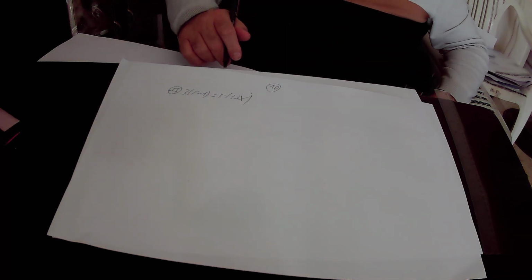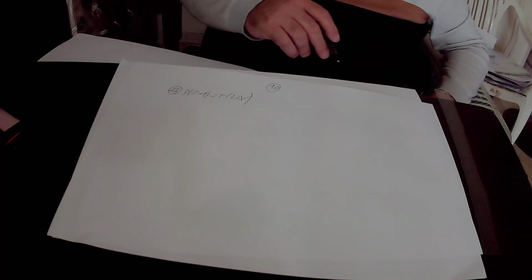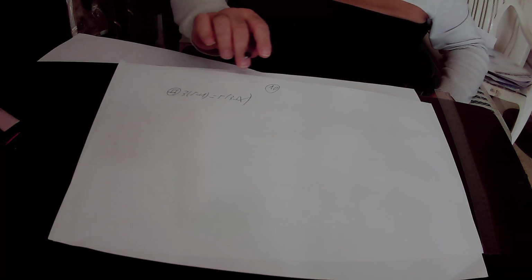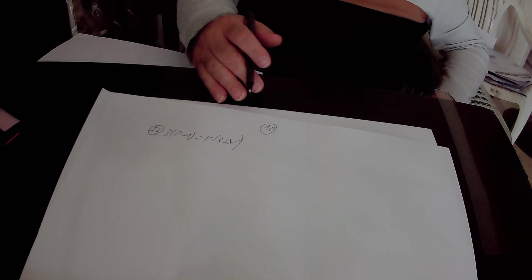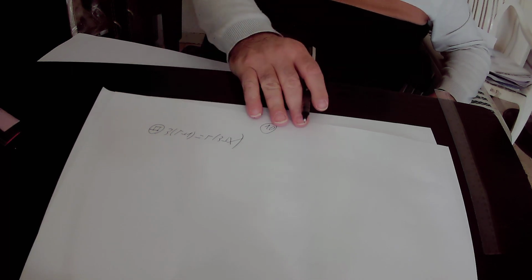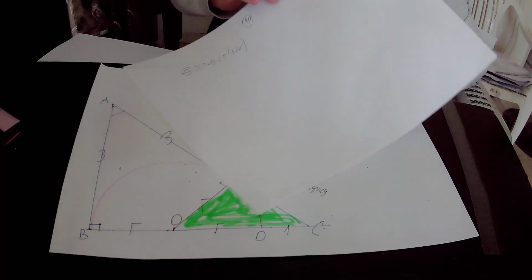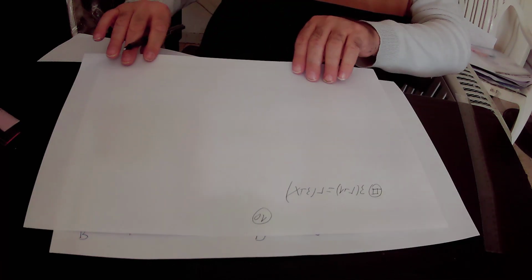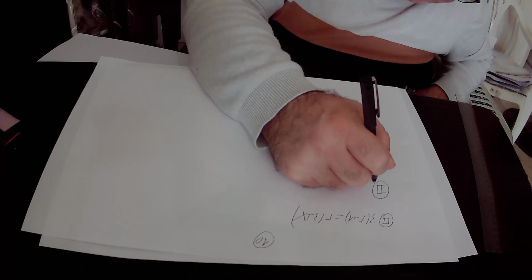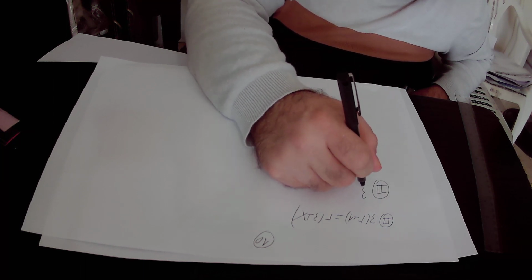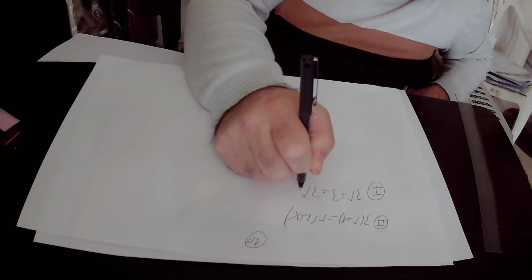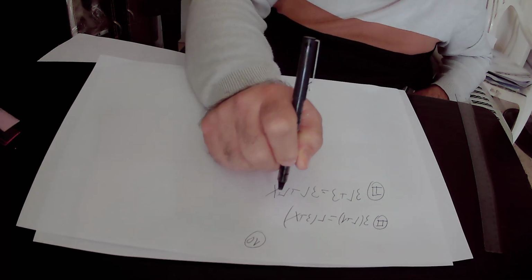Okay, after we cross multiply equation number 2, we got this expression. Here we open the brackets in equation number 2 and we will get that 3R plus 3 equals 3R plus R times x.